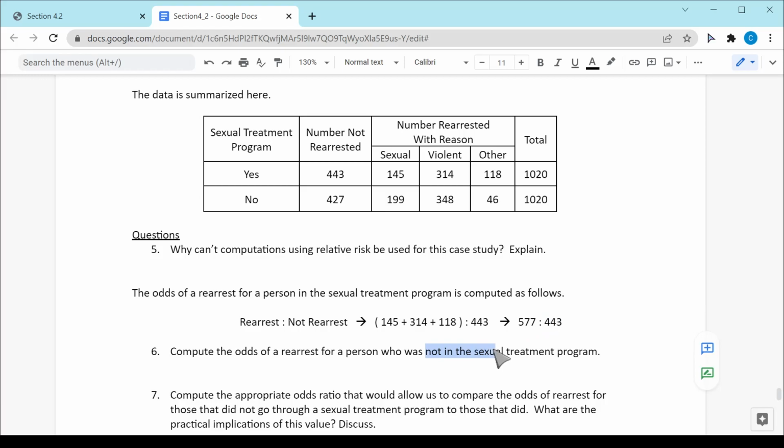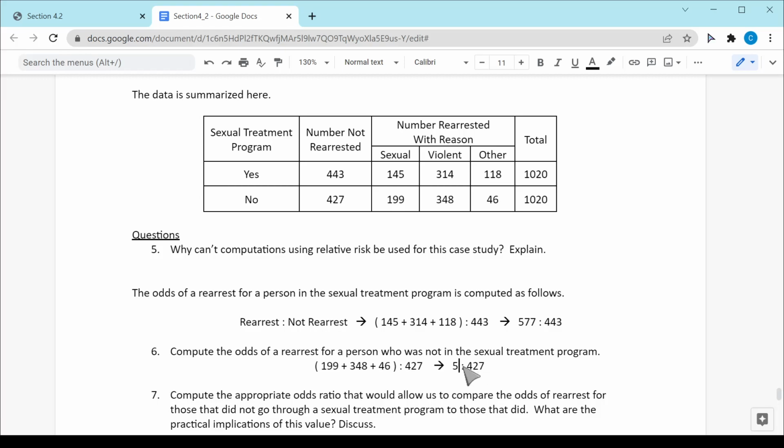Let's compute those same odds for those that did not go through the sexual treatment program. So there, let me just copy this down here. That'll be a little easier for me. It's going to be 199, 348, and 46 on that group. And the number that were not rearrested was 427. Okay, so let's go ahead and get those numbers. So that's 427 there.